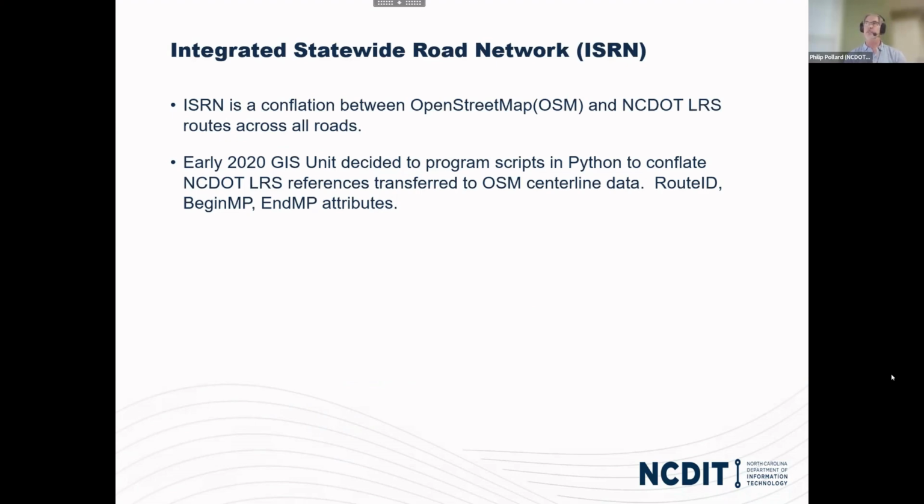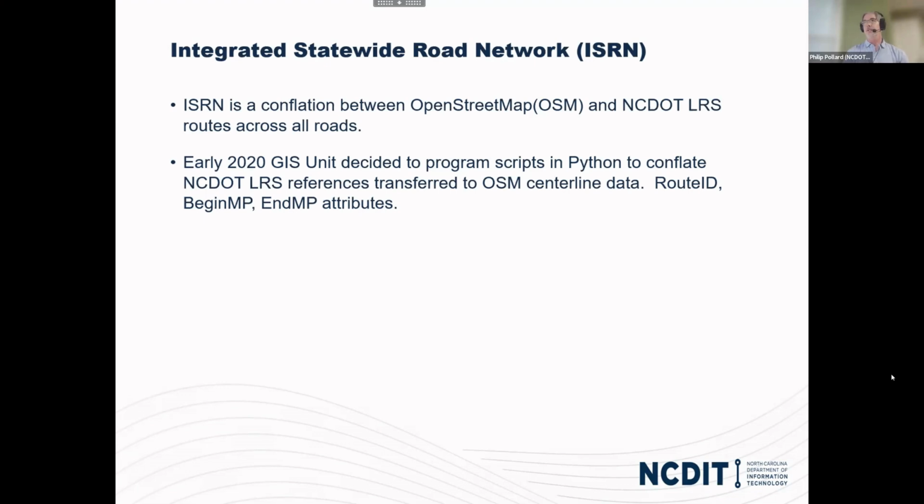A lot of business units and a lot of companies are using OpenStreetMap center lines to conflate their data on top of the center lines. And so we decided to put the route ID from ours, which is an 11 digit, and the beginning mile point and the ending mile point. So the ISRN is a conflation between the OpenStreetMap centerline, and we are overlaying the NCDOT LRS routes across all roads.